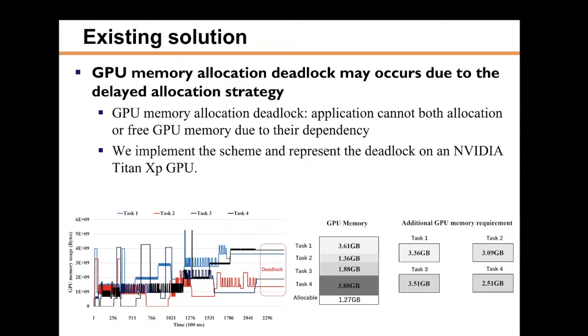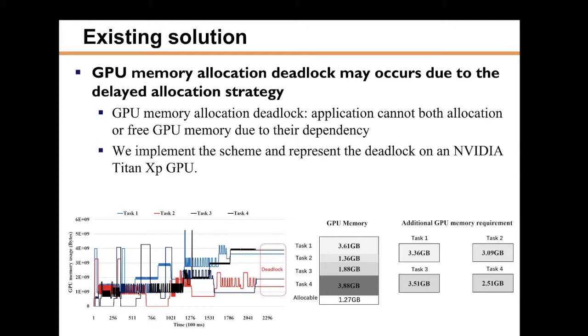So we reproduced this issue by using the existing solution with 4 memory-intensive GPU tasks. The left figure shows that after 230 seconds, all the tasks are stopped, waiting for GPU memory allocation, but none of them can get the allocation. So we analyzed the situation, and the figure on the right side shows the detail at that moment.